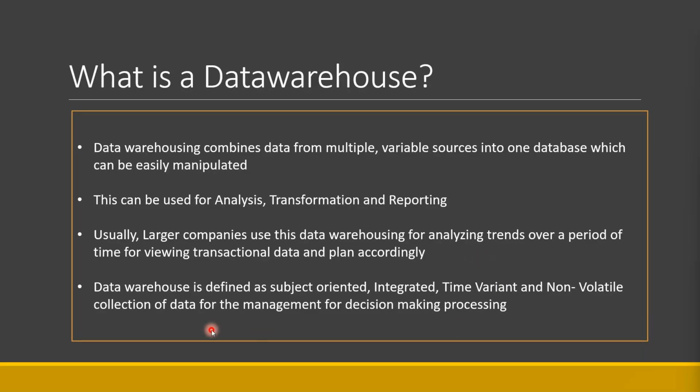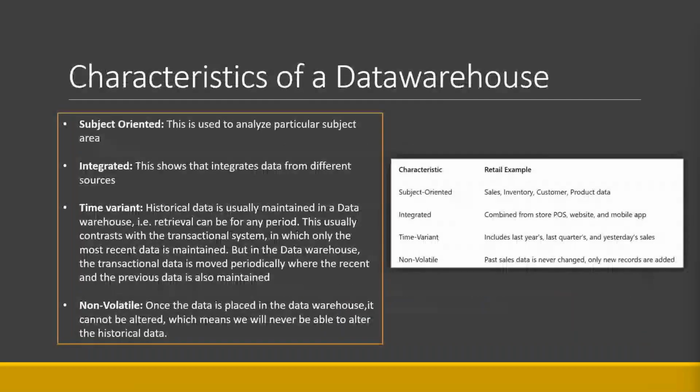Coming to the characteristics of a data warehouse, we'll see them in detail later. Basically, it has four characteristics. It is subject oriented, integrated, time variant, and non volatile. When we say subject oriented, most data warehouses will hold data on a specific subject.